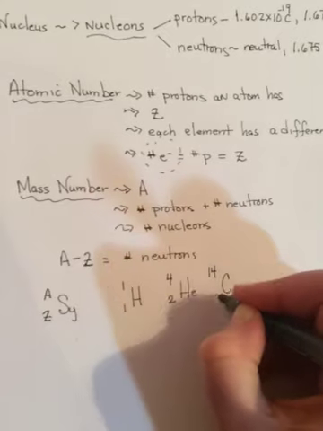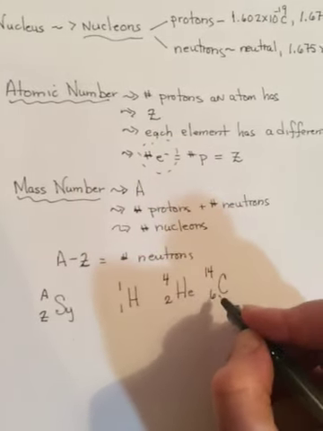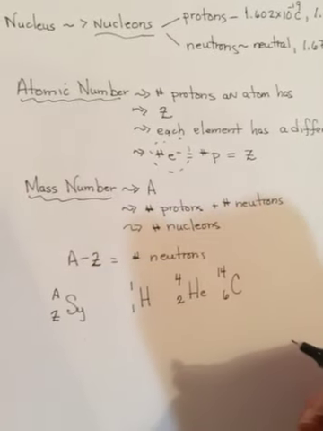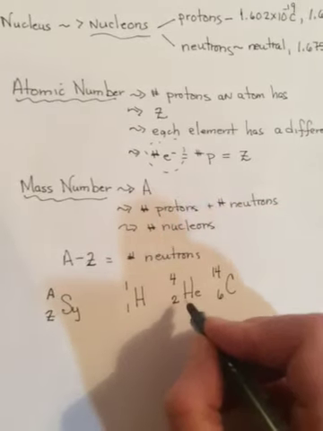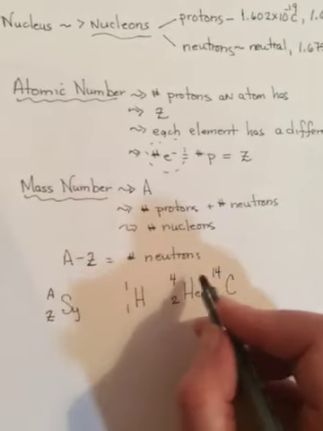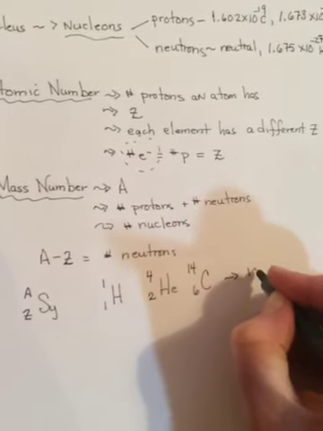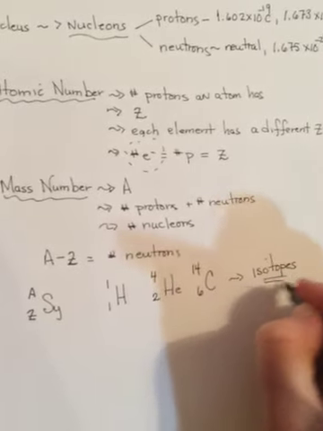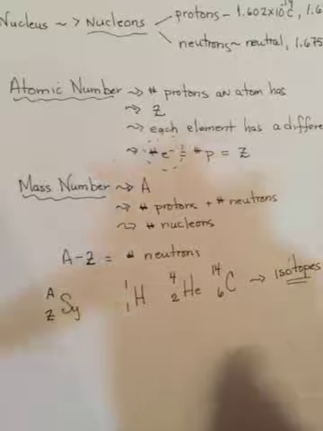Carbon-14 is a common isotope of carbon. And so it has 6 protons and it would have 8 neutrons. So the number of protons has to stay the same for a given element, but the number of neutrons doesn't. And because of that, it leads us to something called isotopes, which I think you would have also seen in physics and chemistry, but we'll get to them in a minute.